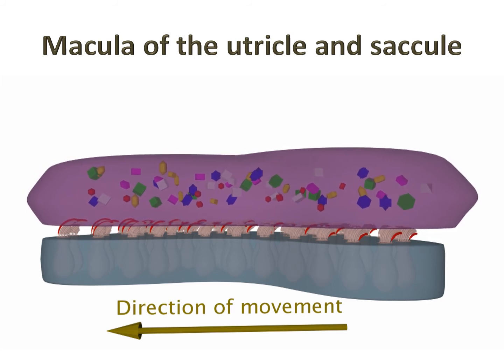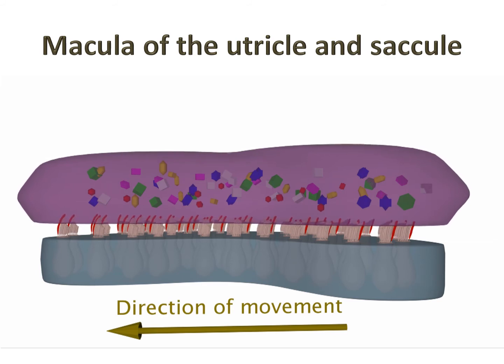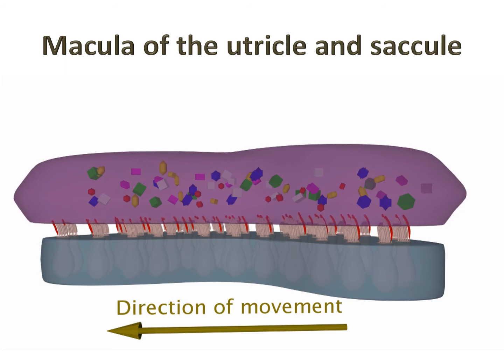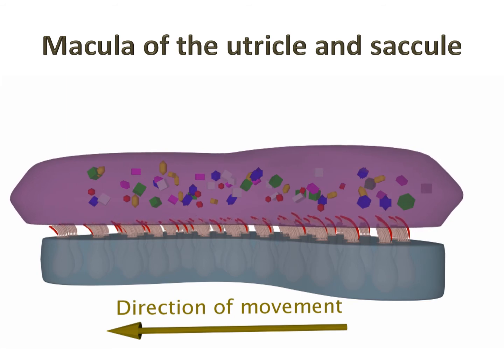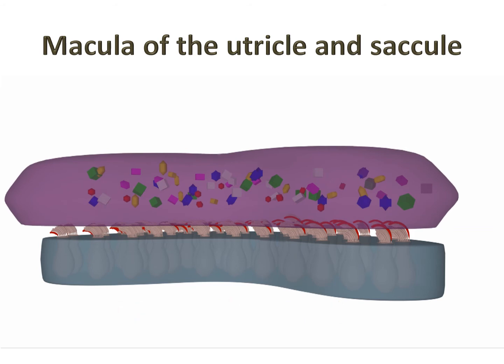Since all stereocilia and kinocilia in the macula bend in the same direction, but each cell is oriented in a different manner, a given movement may result in the full depolarization of some cells, partial depolarization in other cells, and full hyperpolarization in others. The opposite occurs when the movement stops.